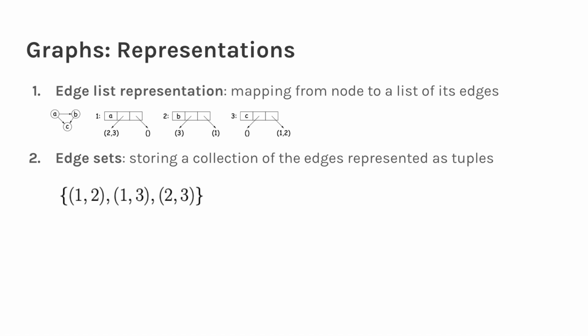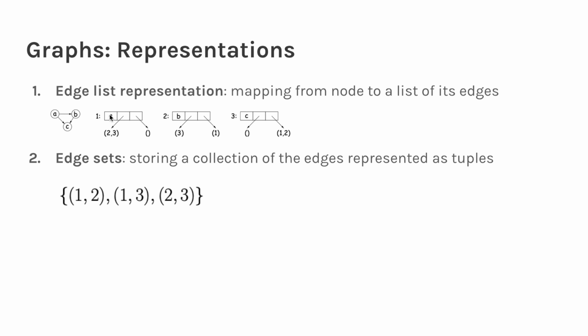One is an edgeless representation. With this approach, we have an object for every node in our graph, and each object has a mapping to its list of incoming and outgoing nodes. In this example, the node A has two outgoing edges: A goes to B and A also goes to C. It has no incoming edges.